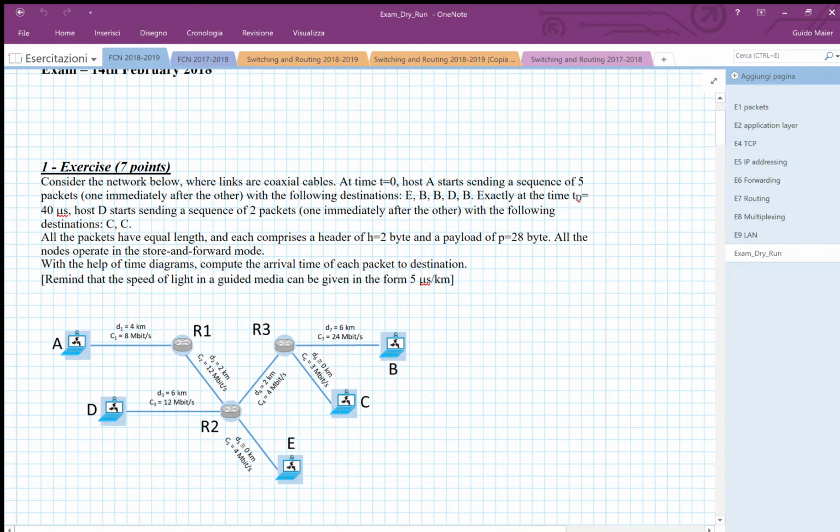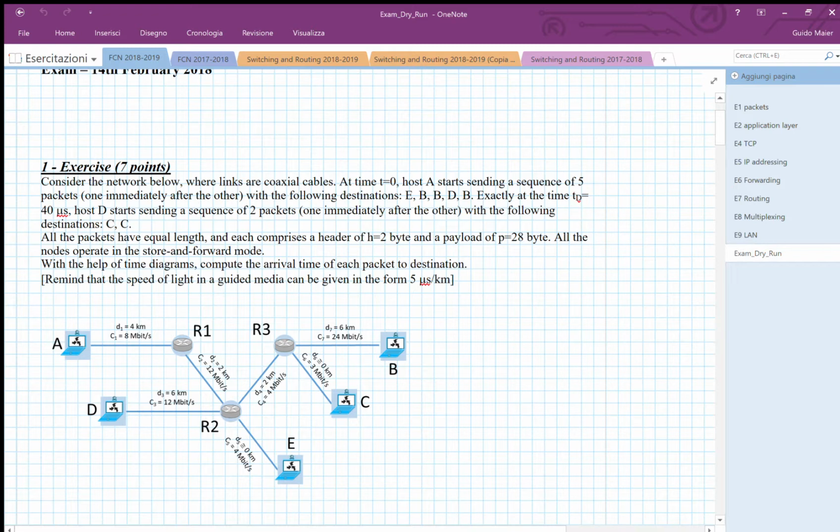And then host D starts sending a sequence of 2 packets with destination C. Can you see? Okay. And then we have this topology.